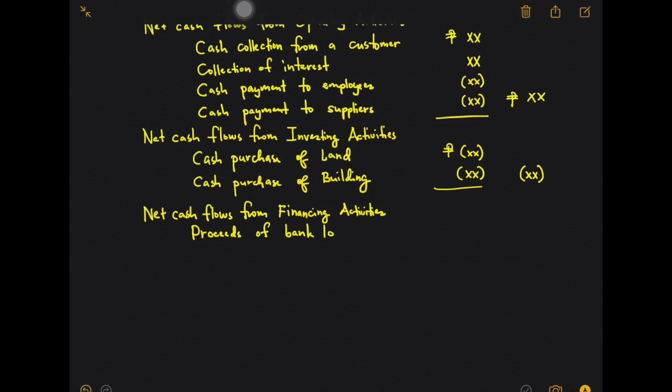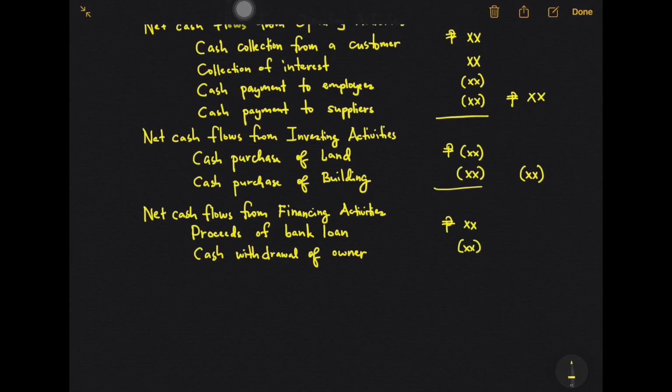So this is for our collection. And for the payment, for example, cash withdrawal of owner. Again, you will place the peso sign for the first value. Proceed is plus, cash withdrawal is minus. Get the total. Let's say withdrawal is higher, so this is negative again.